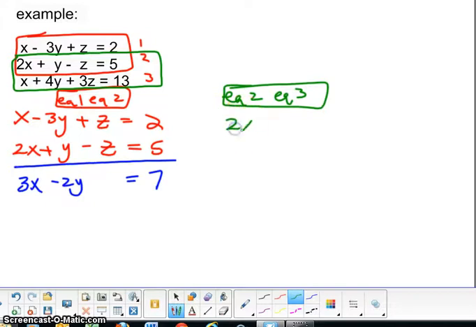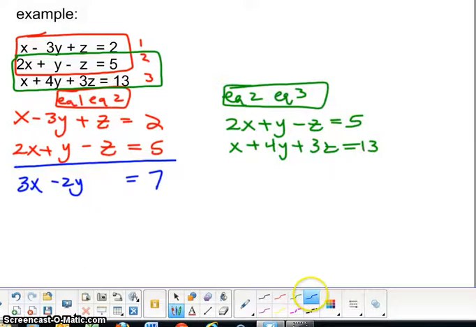I'm going to rewrite them below. 2x plus y minus z equals 5, and x plus 4y plus 3z equals 13. Okay, and by elimination method, I can multiply the top one by 3 in order to get a cancellation. So that would be 6x plus 3y minus 3z equals 15.